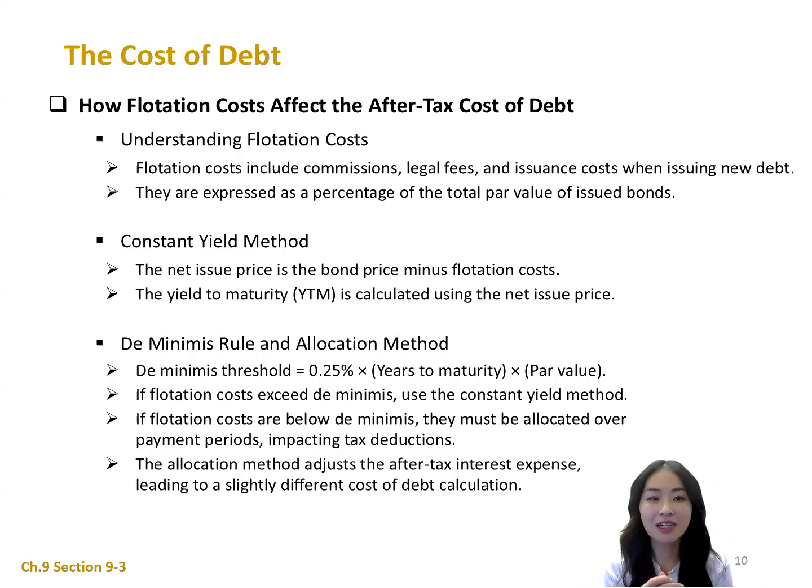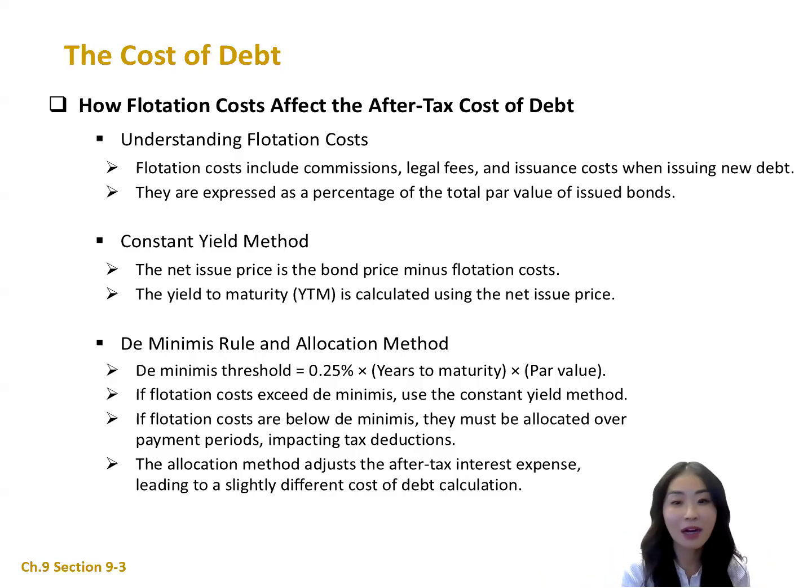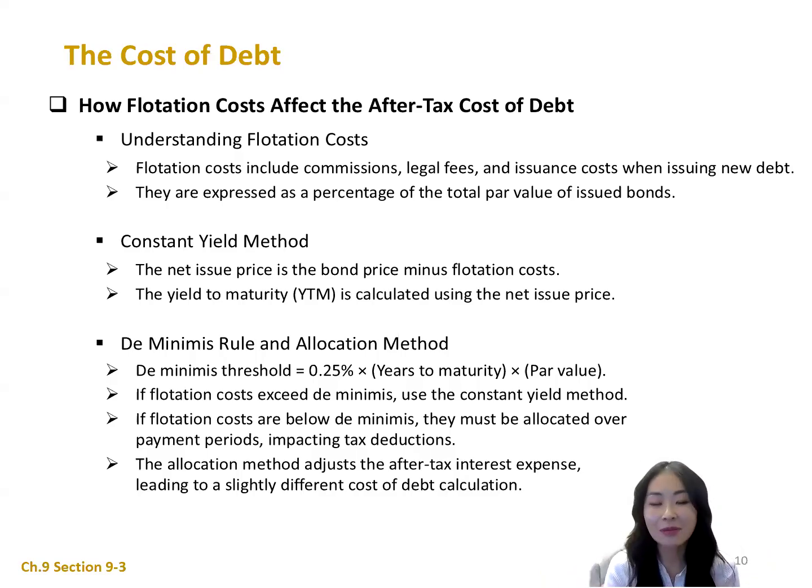The de minimis formula is usually 0.25% times years until maturity times the par value. If flotation costs are below de minimis, they are spread across the bond life and affect the tax deduction differently. This allocation method accounts for the flotation cost gradually, but results in only a small difference from the constant yield method.